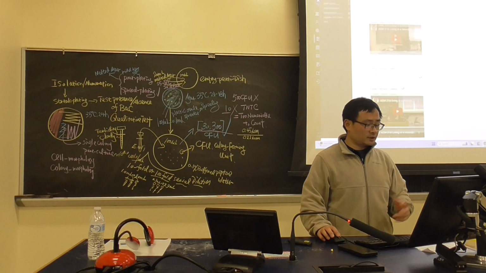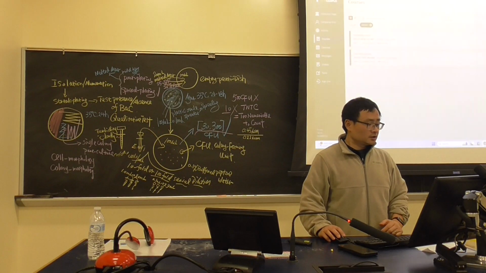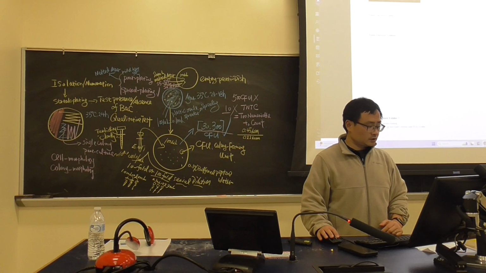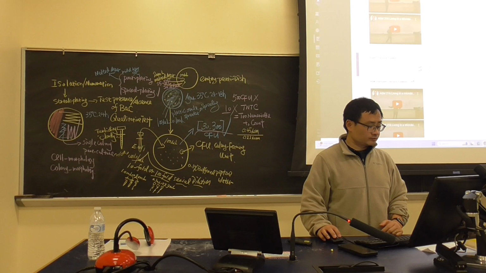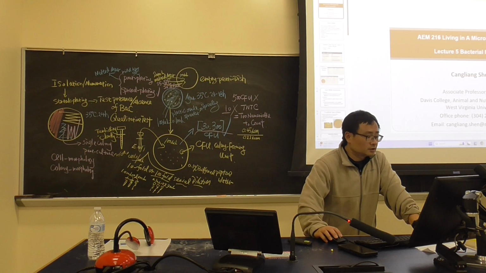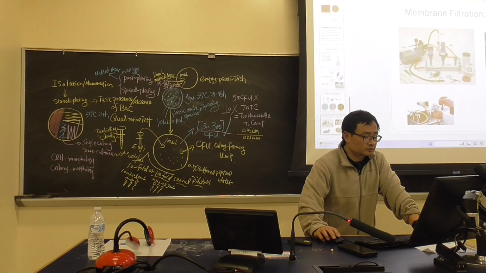I haven't uploaded the slides here. I need to go back to last year, and I'm going to use the slides from last year. This is last year's class. We had slide number 5 that we wanted to talk about. I'll upload it when I go back home. So, that's bacterial media.